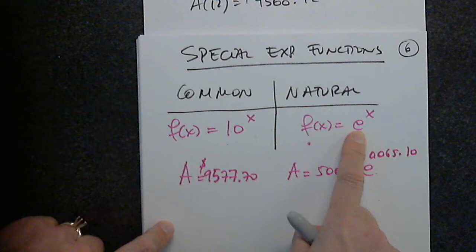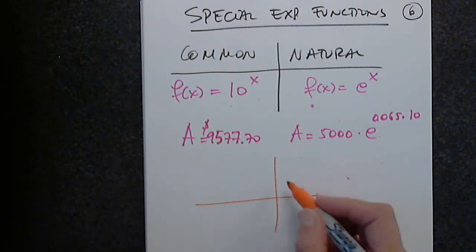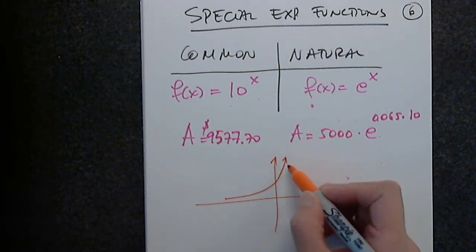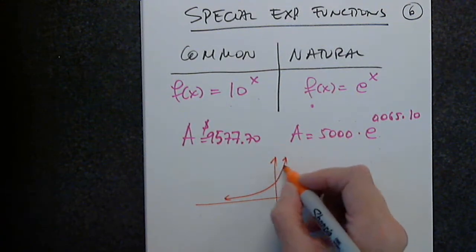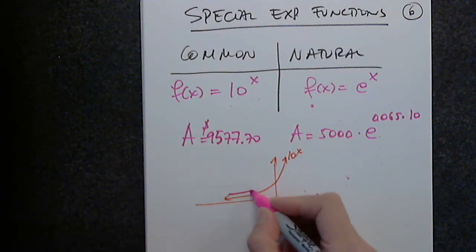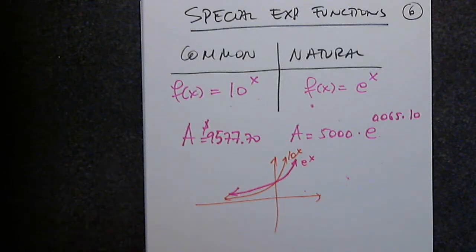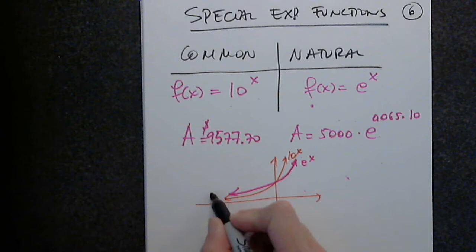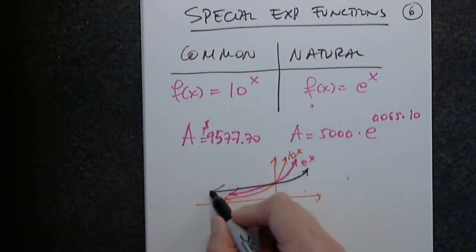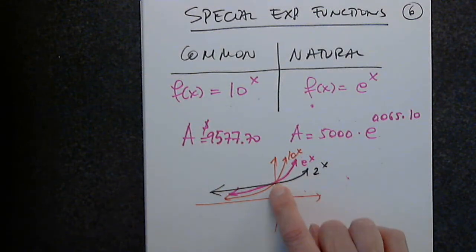The higher the base, the closer, all these functions that we've looked at, they all look like this. So this is the closest to the y-axis, so this will be 10 to the x. The next one, e to the x. And the last one will be 2 to the x. Exaggerated, all of them. Obviously they all have to go through 0, 1.